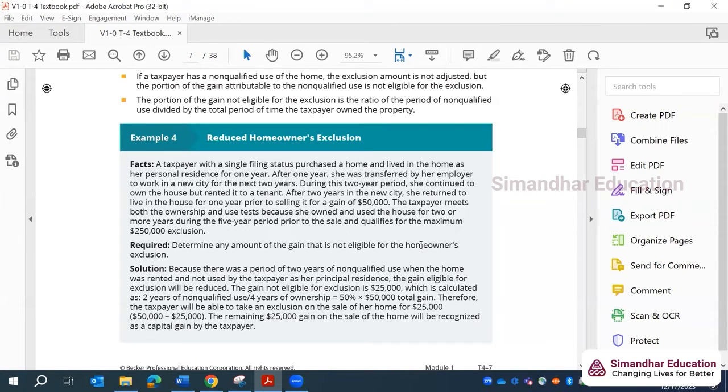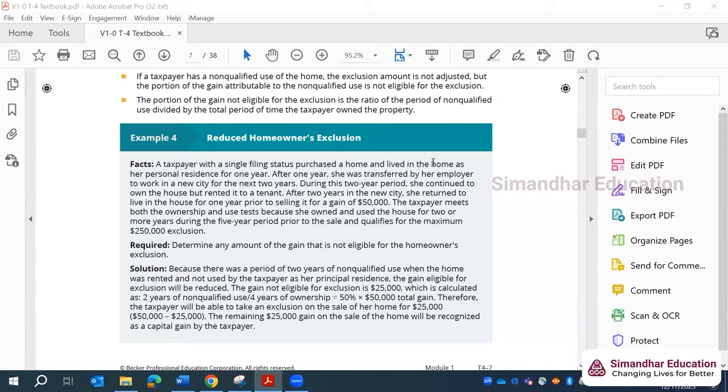That here you are going to prorate your gain. So my gain on the transaction was $50,000. So if I have to prorate my gain, my numerator is going to be my non-qualified use of property and my denominator is going to be my ownership in the property. So I owned the property for 4 years and 2 years was my non-qualified use of property.